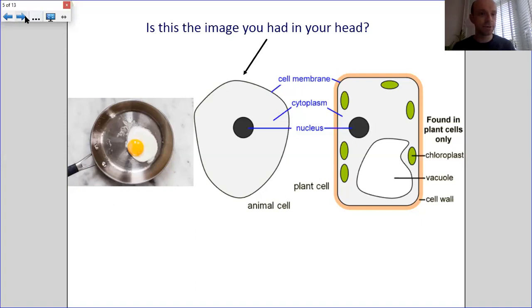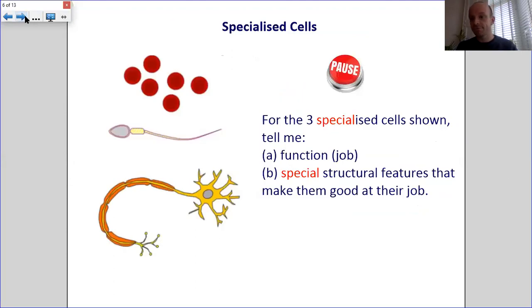And in fact, in your body, you have about 200 different types of cells, and they come in different shapes and different sizes. Why? Well, because they do different things, and they're specialized in order to do those jobs.